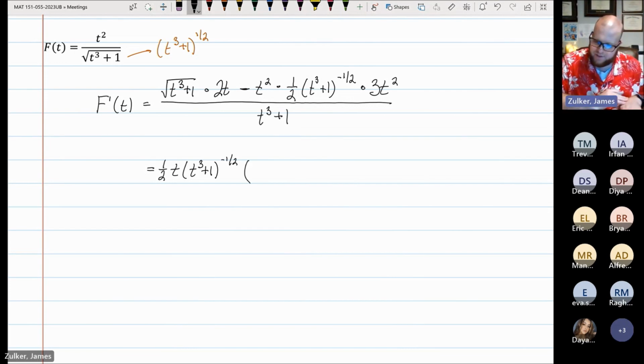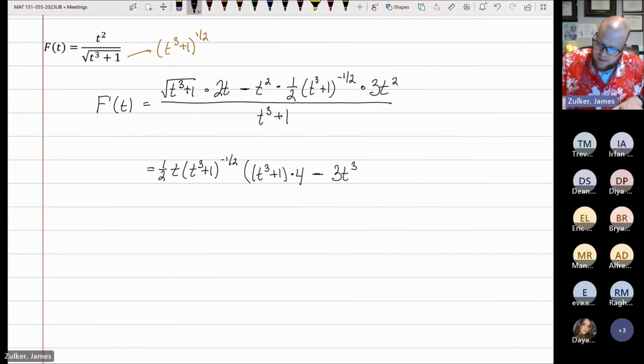And now what's left? That's going to become just t cubed plus 1. I'm factoring out a 1/2 t from that. That should leave us with 4. Minus, factored out a t, that leaves us with t cubed.